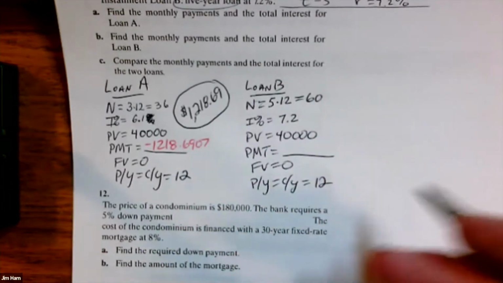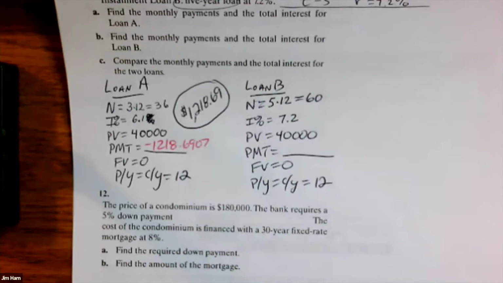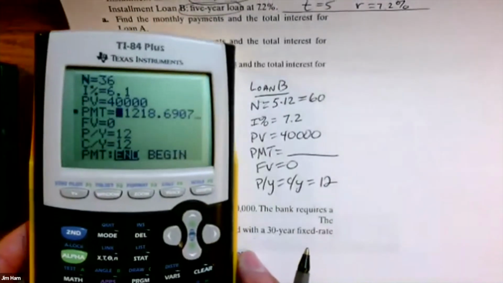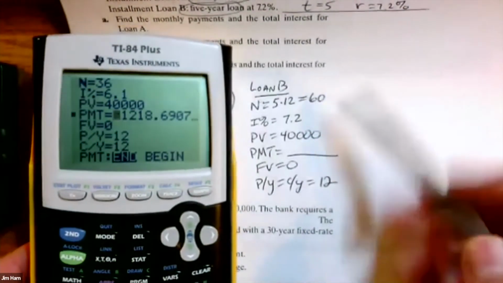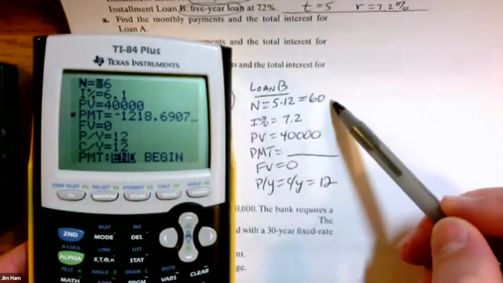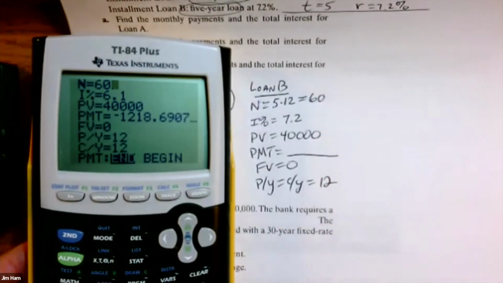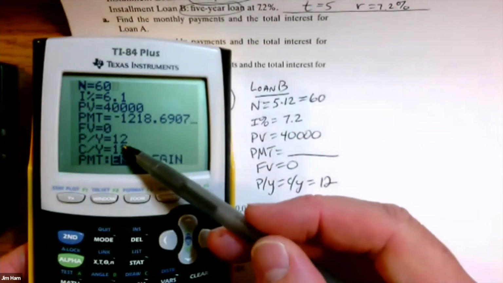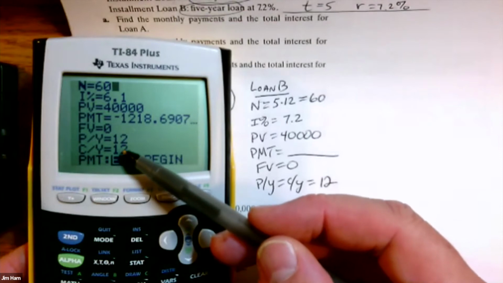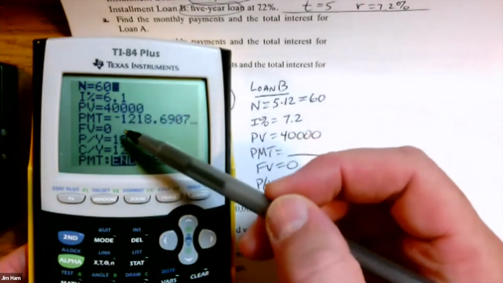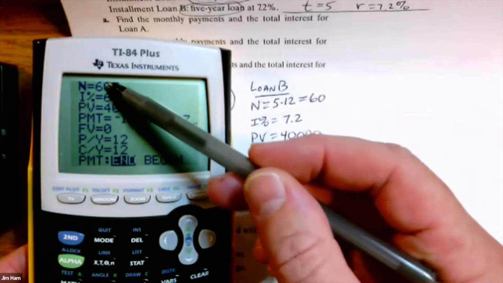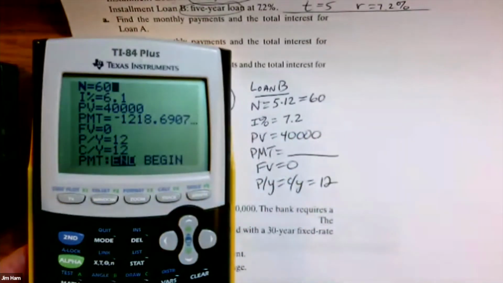All right, now we're going to calculate the next one, and you're going to get a sense of why people take these loans out over a longer period. So 60 is the N. Remember, since payments per year and compounding per year are 12, that 60 means 60 months.